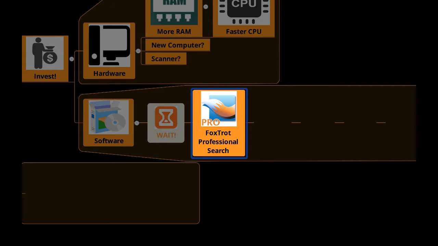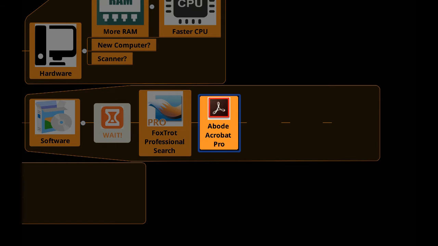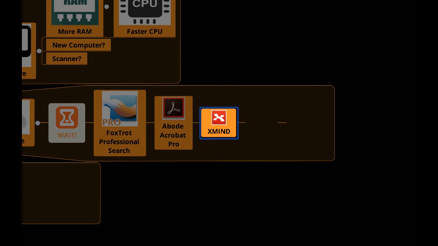This is indexing software which will index every word in every document in specified folders on your hard drive, and the functions are amazing. I'm also going to be talking about the importance of using Adobe Acrobat Pro. Please consider installing that on your computer.